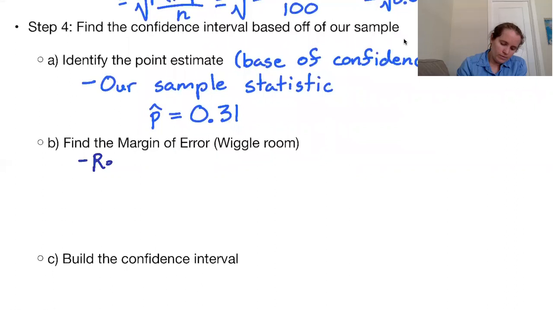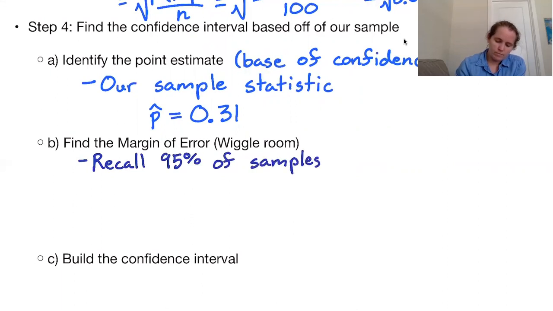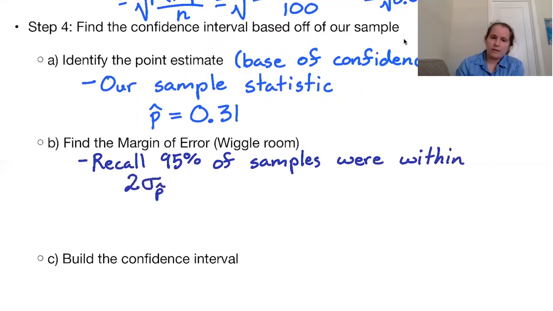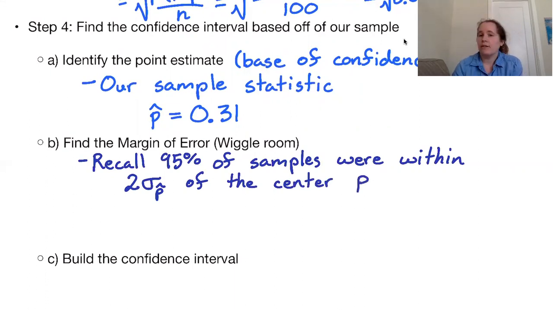So recall, 95% of samples were within 2 copies of sigma sub p hat of the center p. It actually turns out that we can be more precise than that.